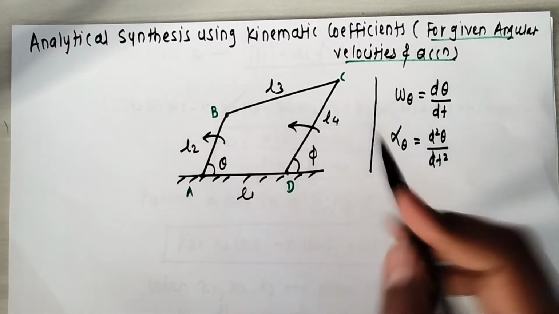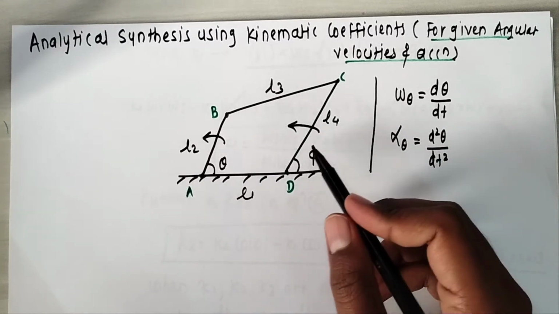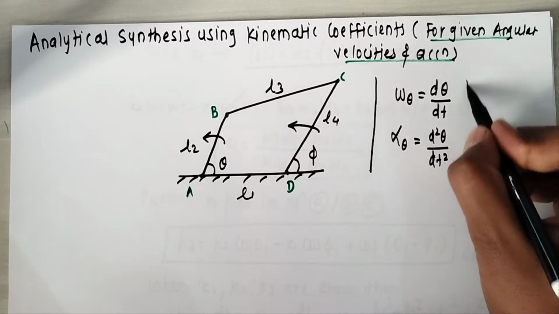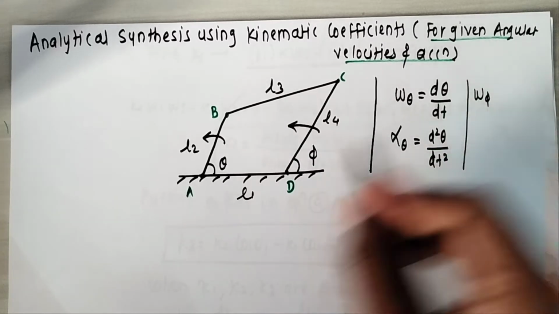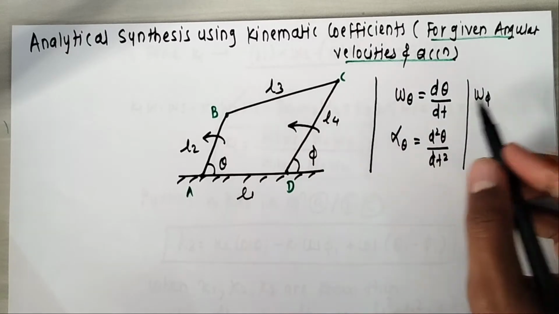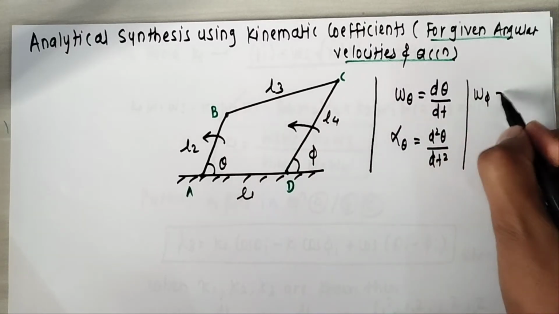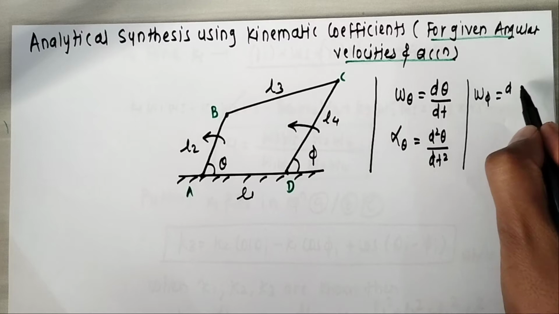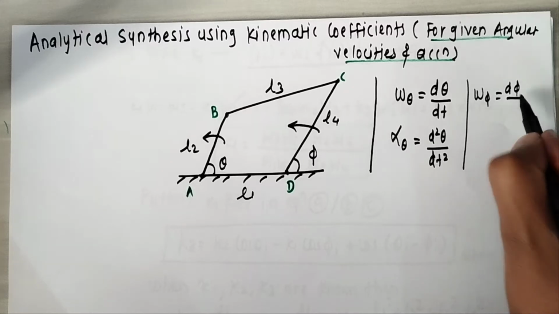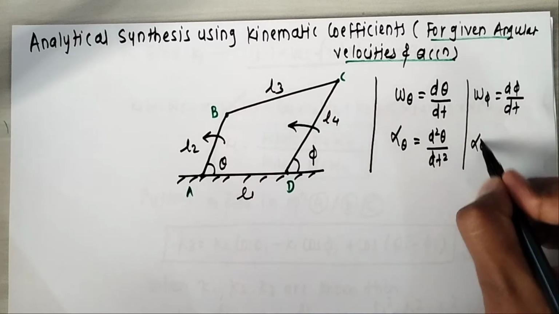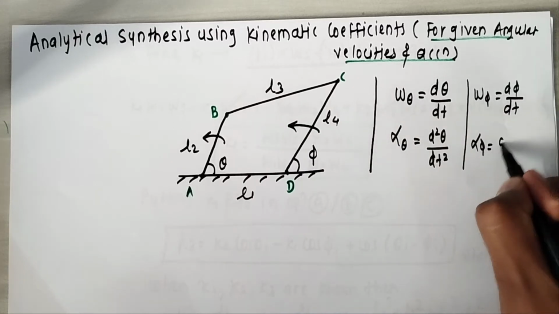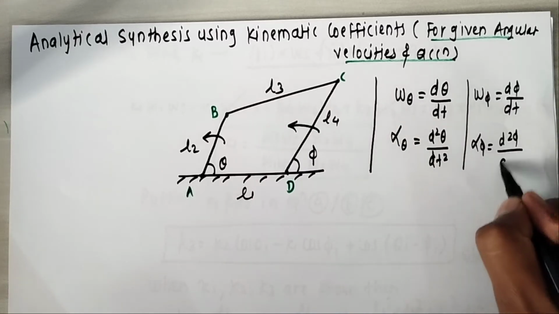Similarly, the follower, or you can say the output link, has angular velocity omega phi when the output angle is phi. Of course, it is given by d phi upon dt, and the acceleration of this link, alpha phi, is equal to d2 phi upon dt square.